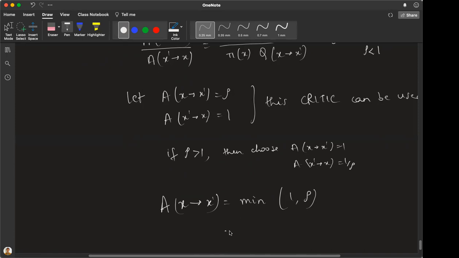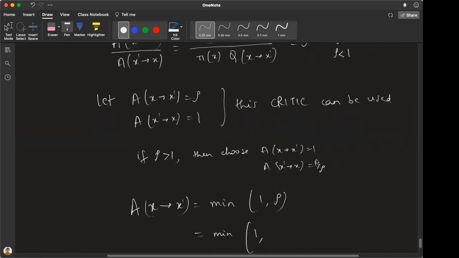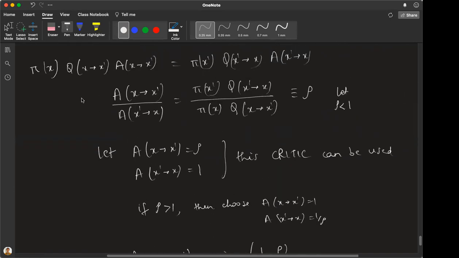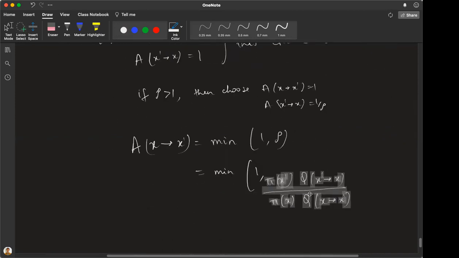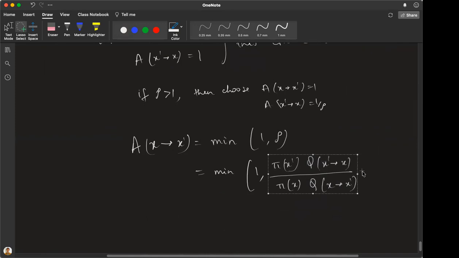So essentially, it becomes, this is equal to minimum of, if I write the whole expression of rho, I can copy paste the whole thing. Okay, so that's it.